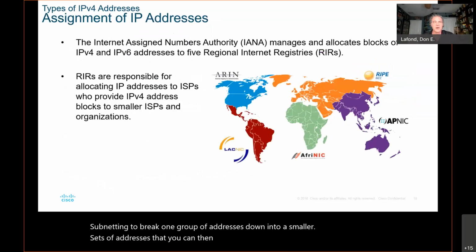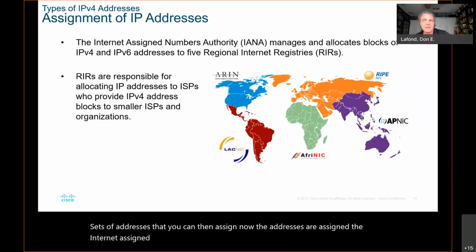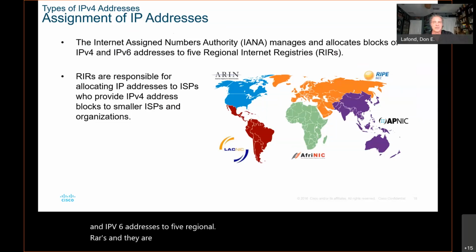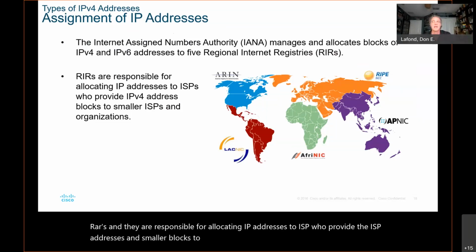Now, the addresses are assigned by the Internet Assigned Numbers Authority, IANA, which manages the allocation of blocks of IPv4 and IPv6 addresses to 5 regional RIRs, and they are responsible for allocating IP addresses to ISPs, who provide addresses in smaller blocks to smaller ISPs, and then finally an organization gets their address.